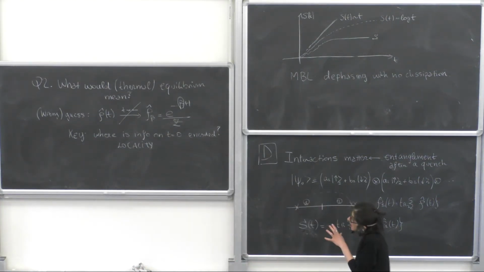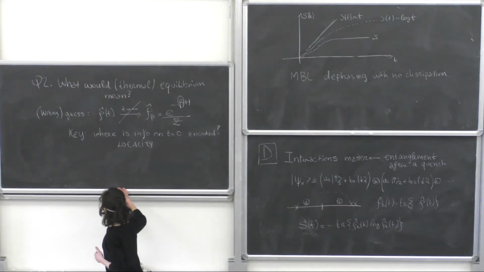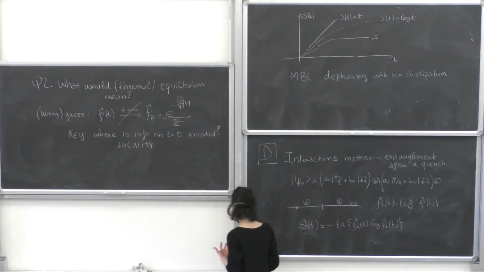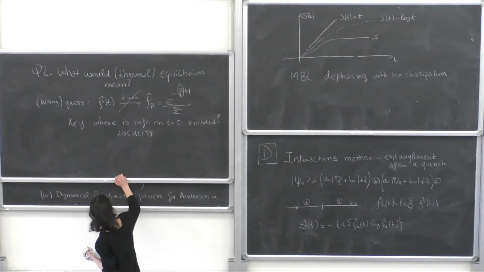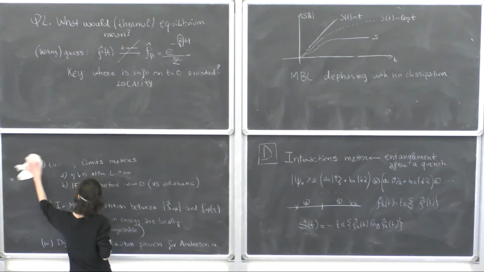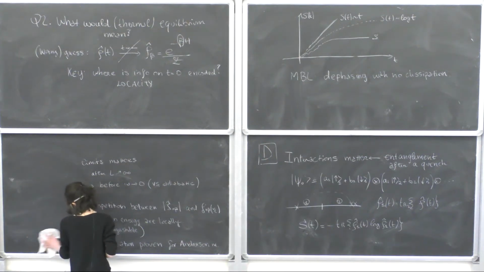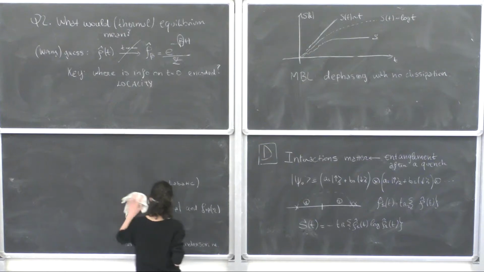So now I'd like to give a few definitions of what I have in mind, and you will see these definitions are only necessary conditions for thermalization or equilibration, but they are enough for me because we will see that they are already violated when you think about MBL.